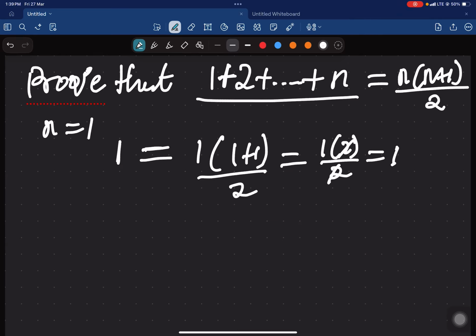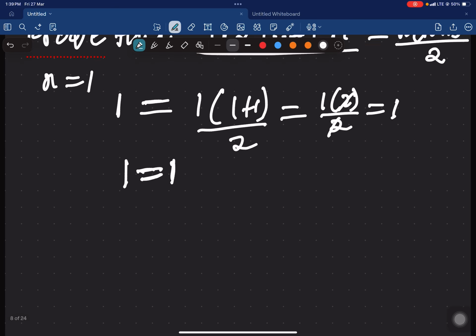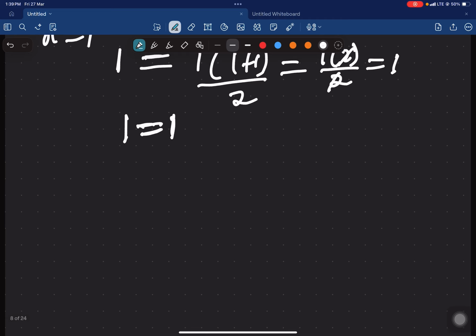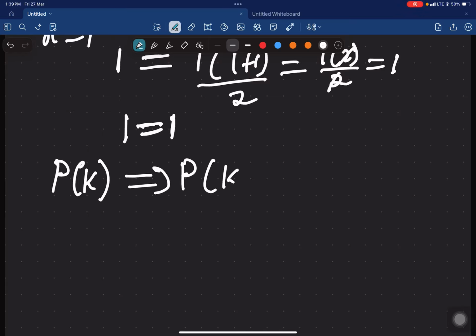The 2 cancels out. So hence we've established that 1 equals 1 from the particular statement. Hence we are able to verify step 1. Now the next thing we are going to do is check if the implication P of k implies P of k plus 1 is also true.